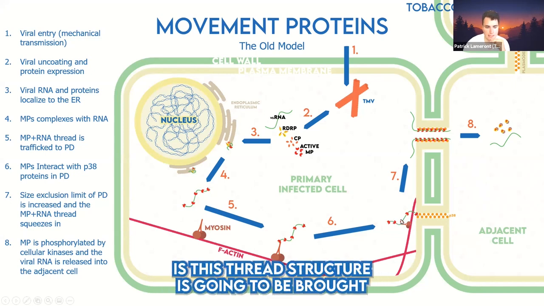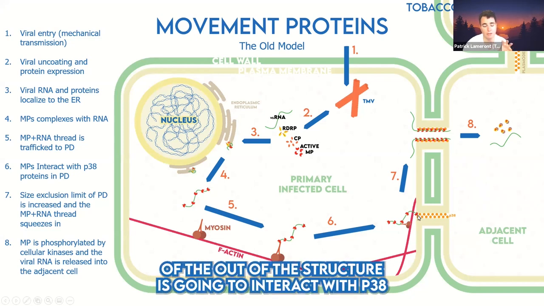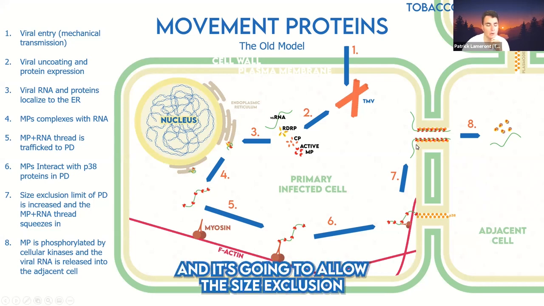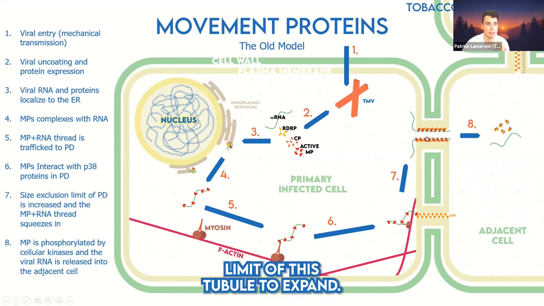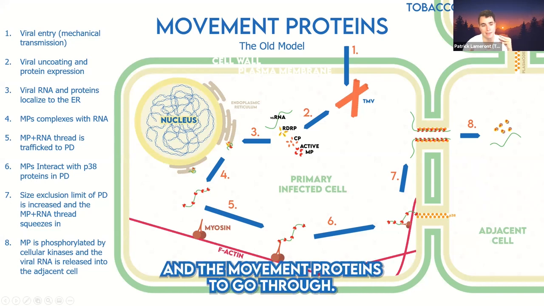So what's going to happen is this thread structure is going to be brought to them, and the movement proteins of the structure are going to interact with p38, and it's going to allow the size exclusion limit of this tubule to expand. So it'll grow larger, which will allow the RNA and the movement proteins to go through.